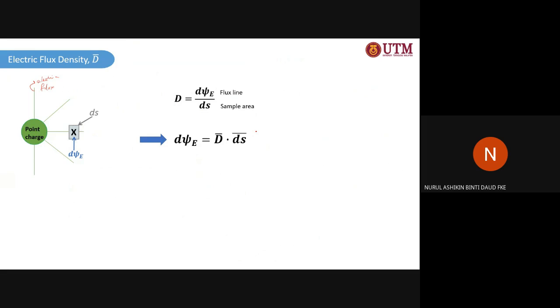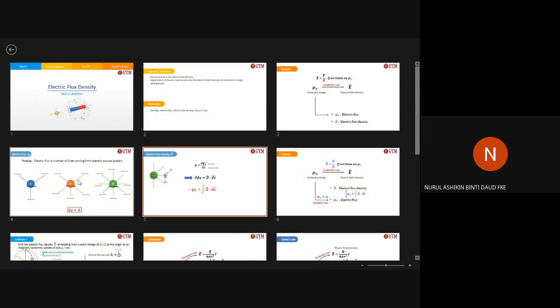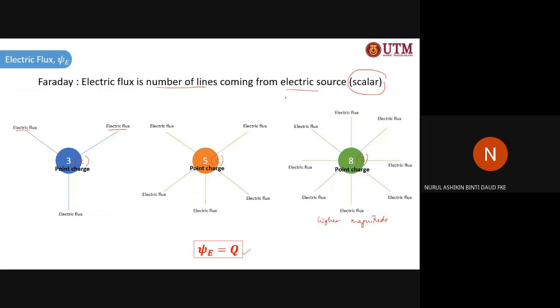However, if you look at the mathematical terms here, you can see that the electric flux density is in terms of a vector. Why? I have mentioned before that the electric flux is represented in terms of scalar.